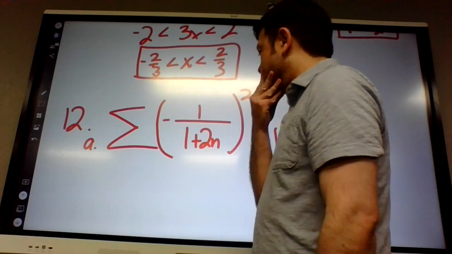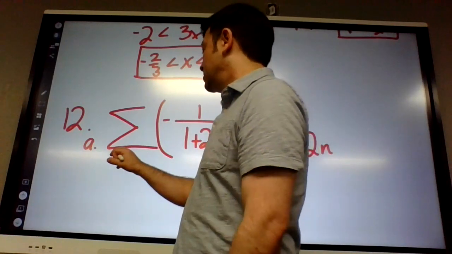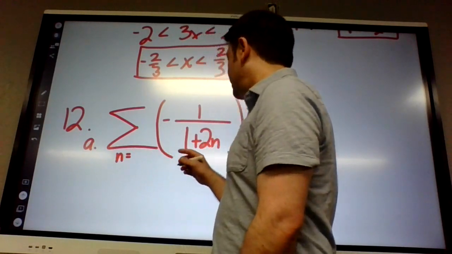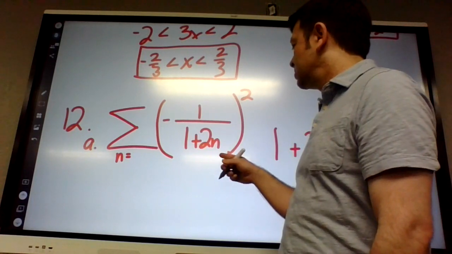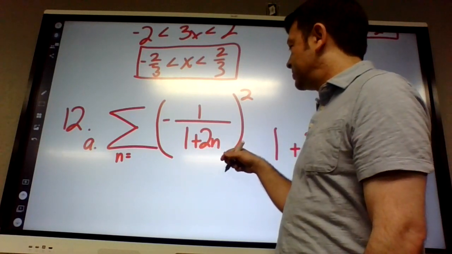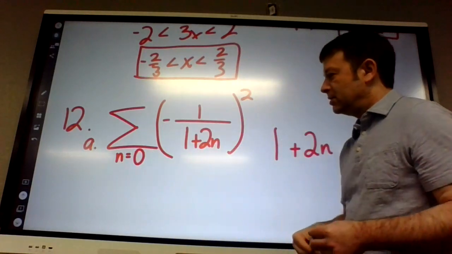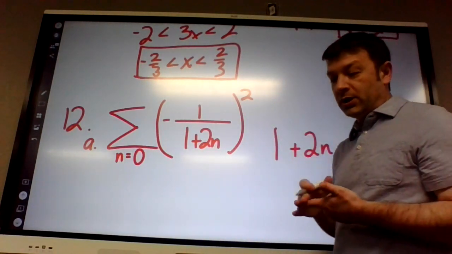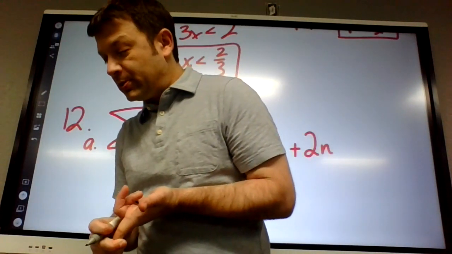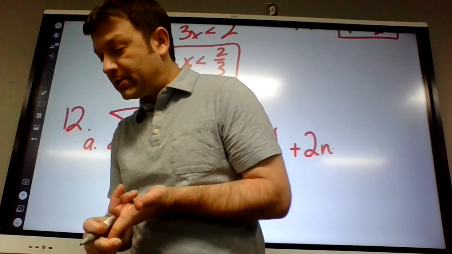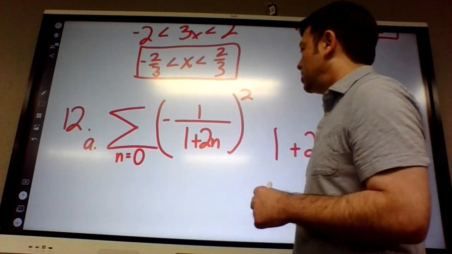Does it work? Well, what does our first n value need to be to make this equal to a 1? We need it to be a 0. So I'm going to start with 0. And when we plug in 1, our second term, n equals 1, is supposed to come out as negative 1 ninth. Is that going to work? Oh, no, that's not going to work.